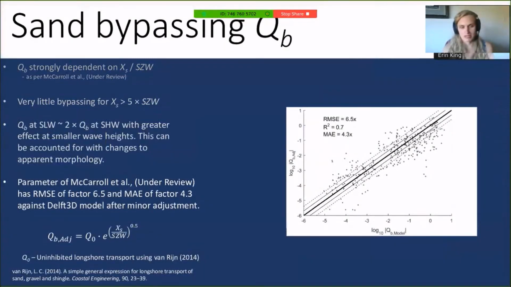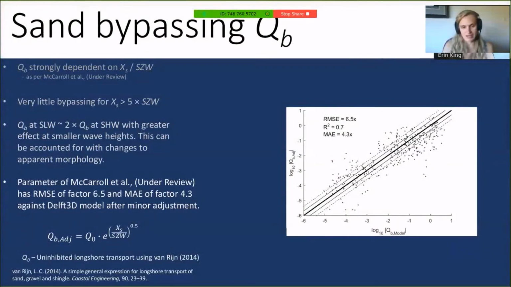So the parameterization presented by Valiente et al. is shown just below here. So QB is equal to Q naught, which is the uninhibited longshore flux, so the transport rate longshore where there would be no headland present.